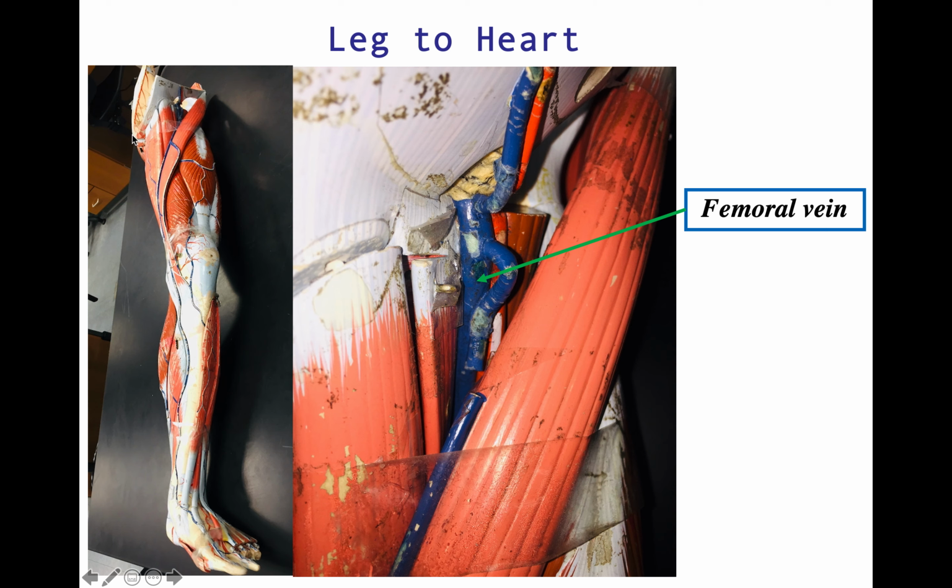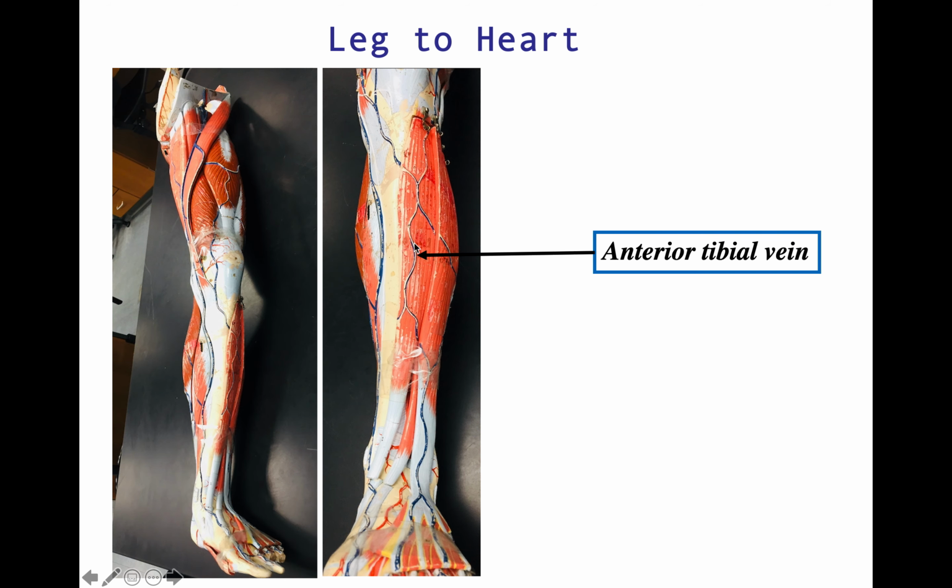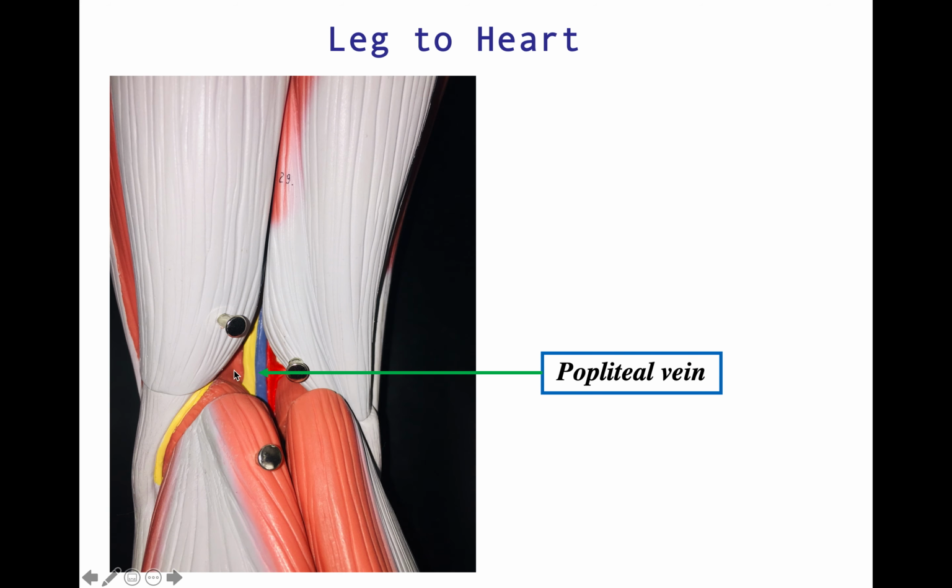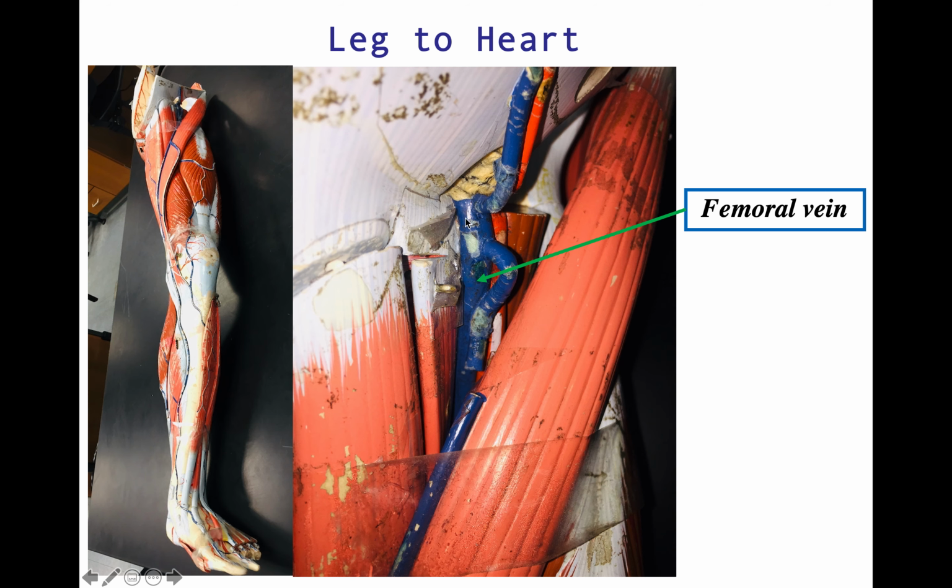We're zoomed in on this region, and you can see it's this vein right here, not this one that's coming up, not this one that bubbles up here, but this one that it feeds into. Well, there's the femoral vein right there. We'll talk about what this other one is later on, but this one right here is your femoral. Okay, so we go anterior tibial vein, popliteal vein, femoral vein.